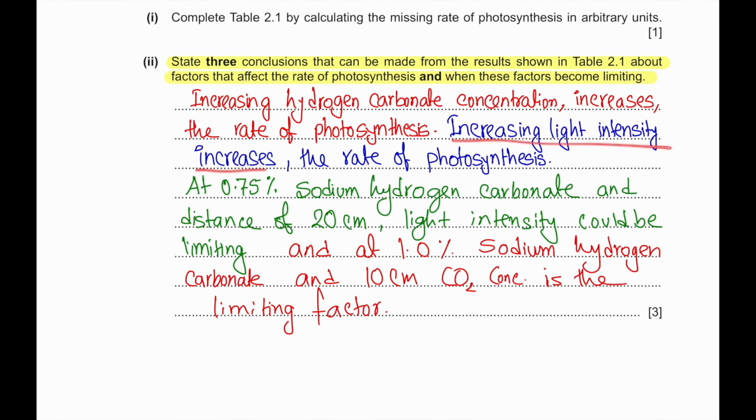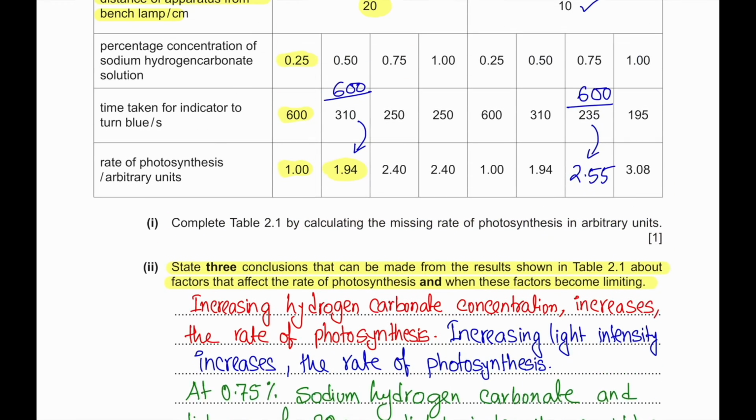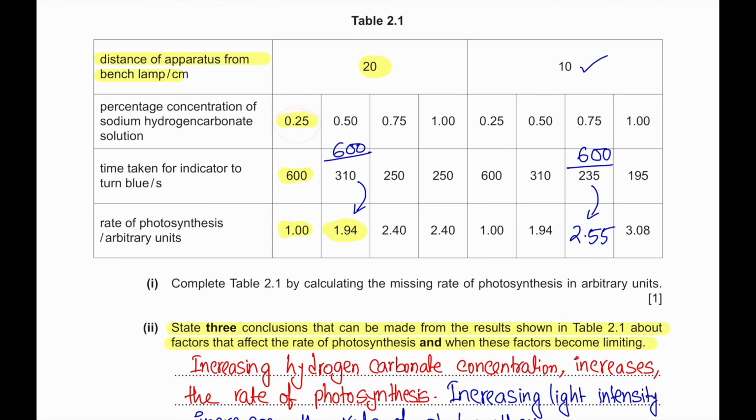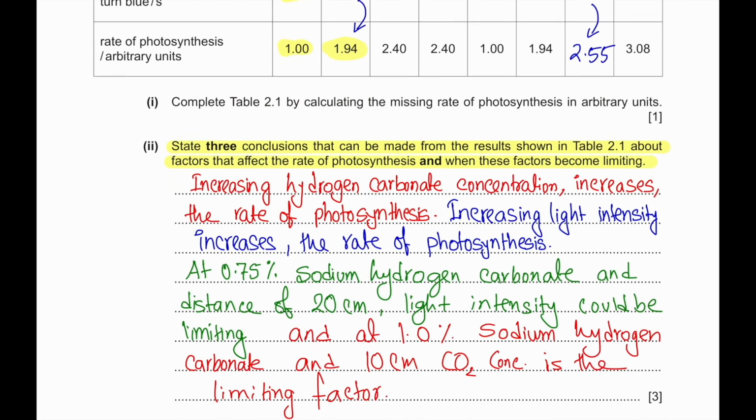Increasing the light intensity increases the rate of photosynthesis. With the same hydrogen carbonate concentration, we can get the time taken for the indicator to change color 195, which indicates that it takes a shorter amount of time and thereby a faster rate of photosynthesis.